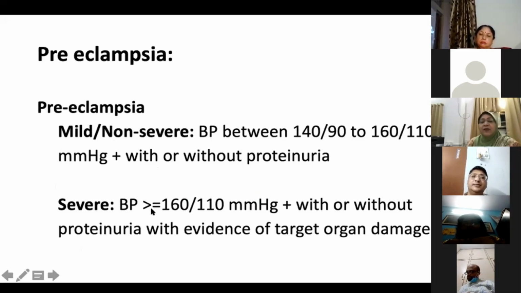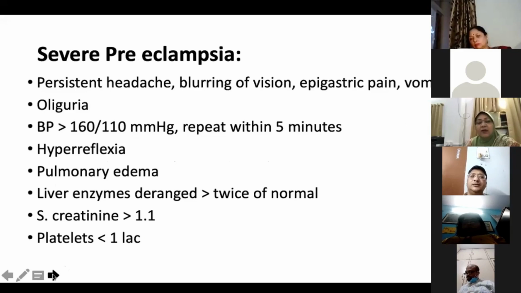Severe preeclampsia is when blood pressure is more than 160 by 110, with or without proteinuria, but there is evidence of target organ damage. Whereas in this case, there is no evidence. So what are the evidences of target organ damage? Persistent headache, blurring of vision, epigastric pain, oliguria.